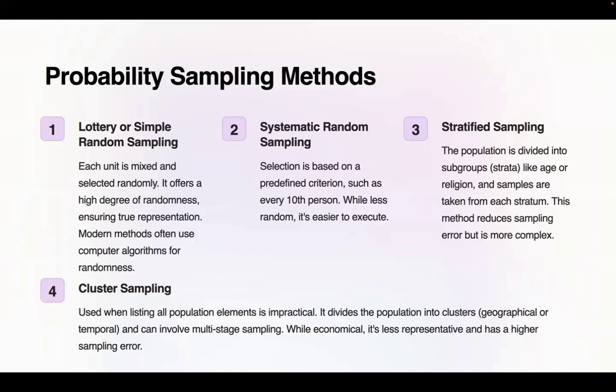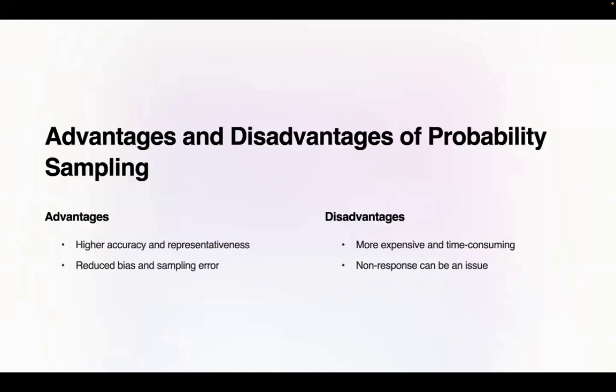That is why this is something which is not very accurate. It has high sampling error. The people from different strata can be left behind, but it is used when there is difficulty in defining the population elements. Now, what are the advantages?